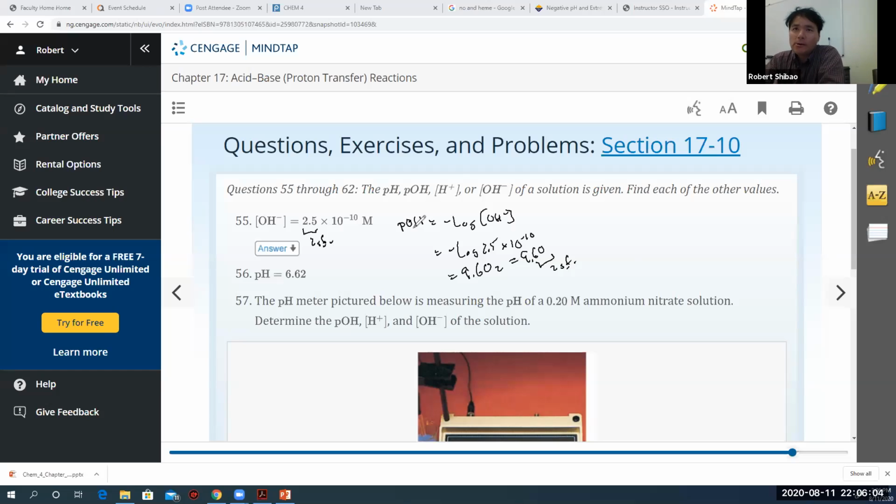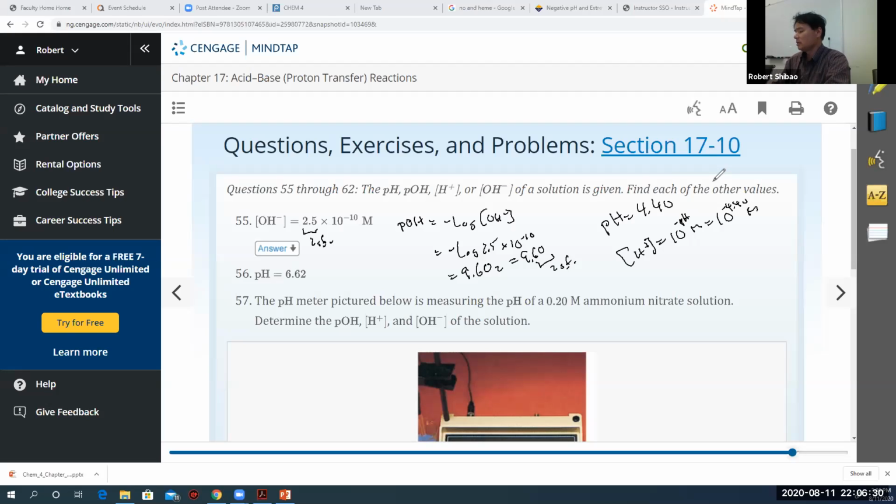If the pOH is 9.60, that means the pH is equal to 4.40, because pH and pOH add up to 14. That means the H plus concentration is going to equal 10 to the minus pH molar, which is 10 to the minus 4.40 molar.